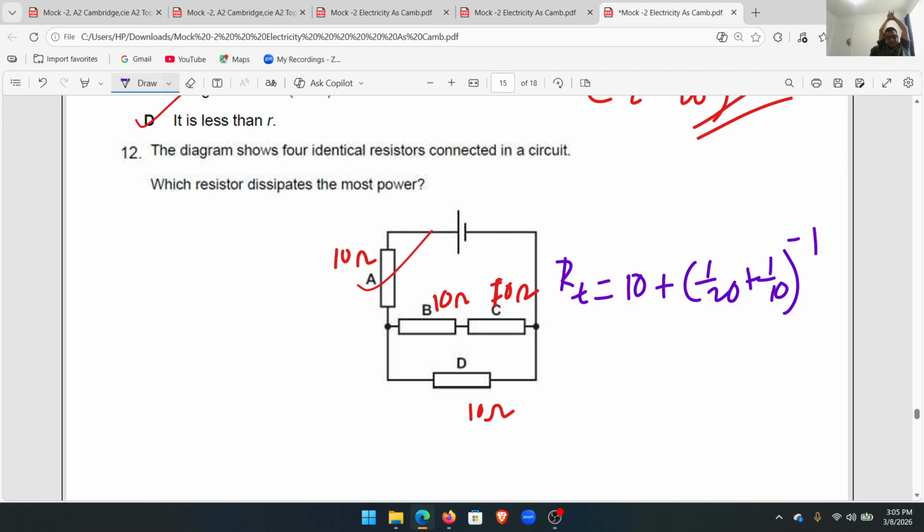So get a value, then power. Okay. Then for power, get I square R for each.